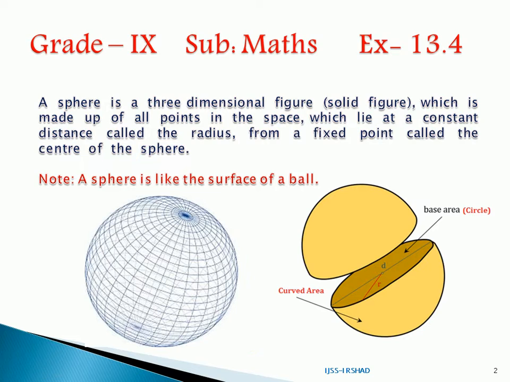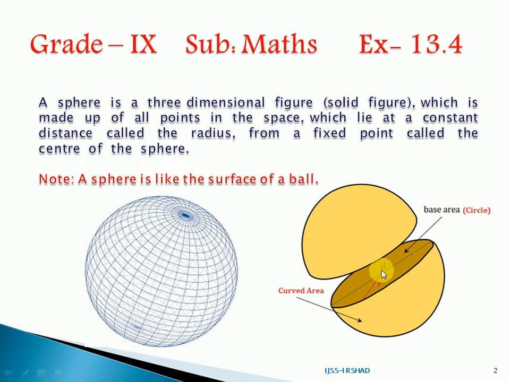A brief idea about a sphere. I know you all are familiar with the sphere. So what is a sphere? A sphere is a three-dimensional figure which is made up of all points in the space which lie at a constant distance, called the radius, from a fixed point called the center of the sphere.